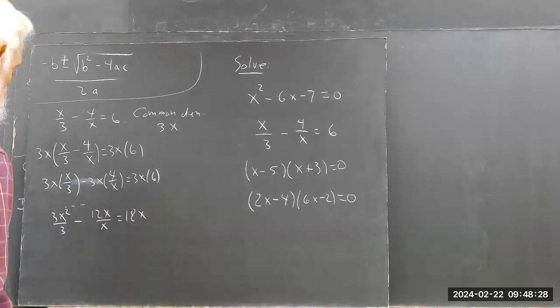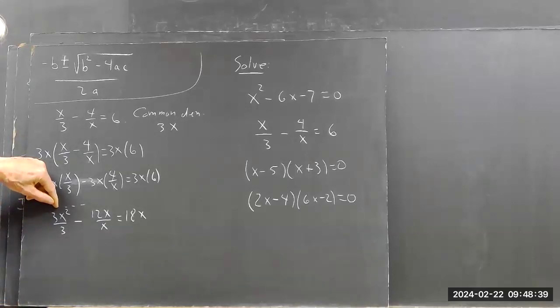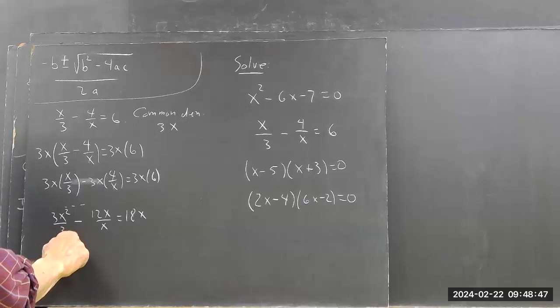You get 18x. Then you divide the numerator by what? 3 is a factor of the numerator. It's one of the things you multiply to get the numerator. 3 is a factor of the denominator. It is the denominator. So you can divide the 3 into the 3, leaving you just x squared.